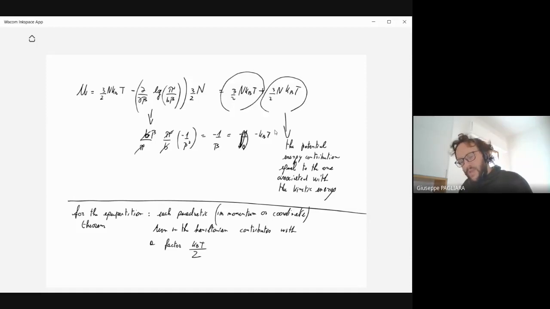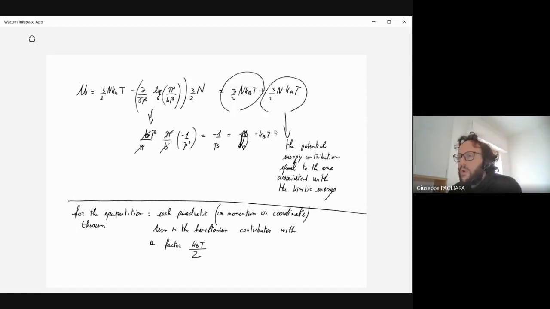Maybe we will do this next time, but it's already interesting to see this by using the canonical ensemble. Making the same exercise in the microcanonical ensemble would actually be the same, even in the presence of this harmonic potential.